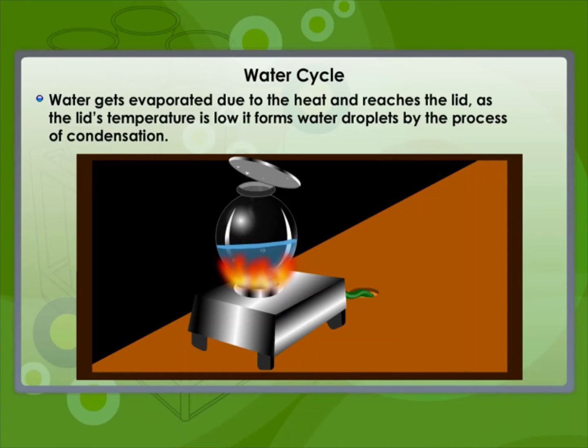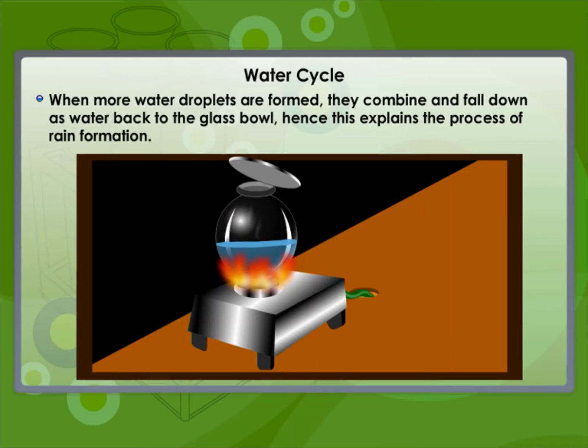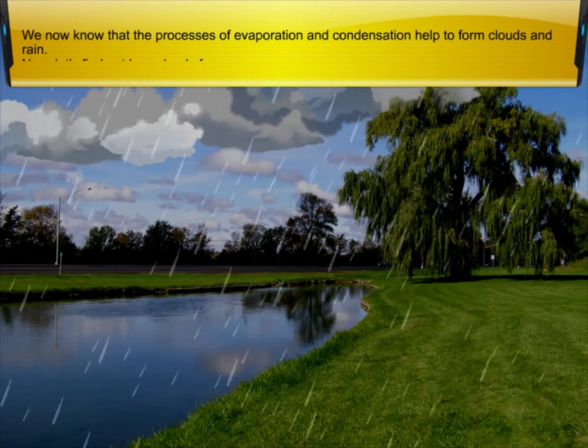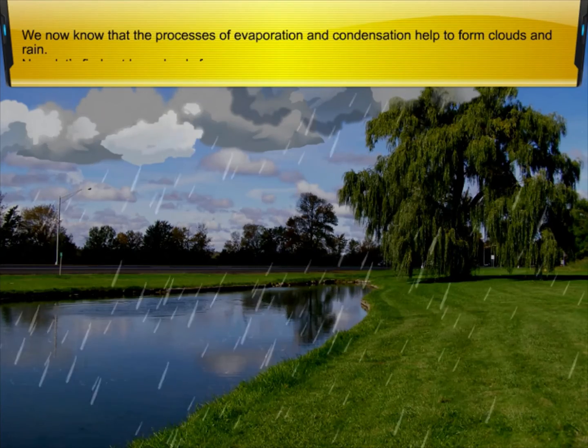As the lid's temperature is low, it forms water droplets by the process of condensation. When more water droplets are formed, they combine and fall down as water back to the glass bowl. Hence, this explains the process of rain formation. We now know that the process of evaporation and condensation help to form clouds and rain.